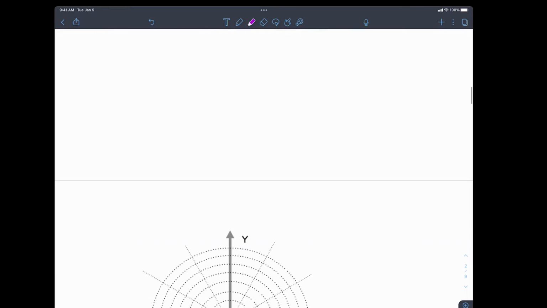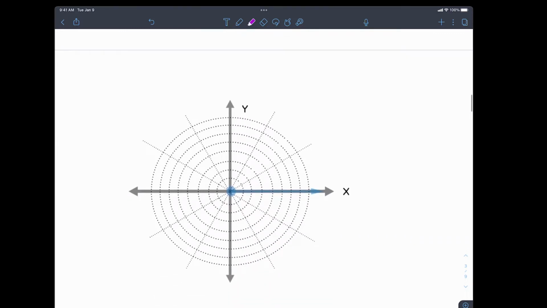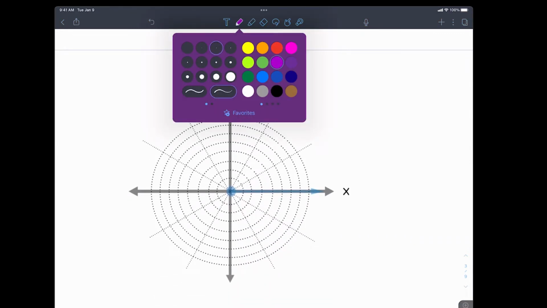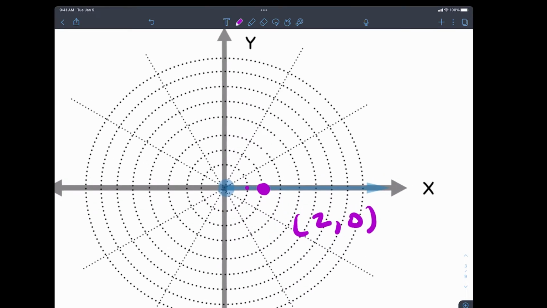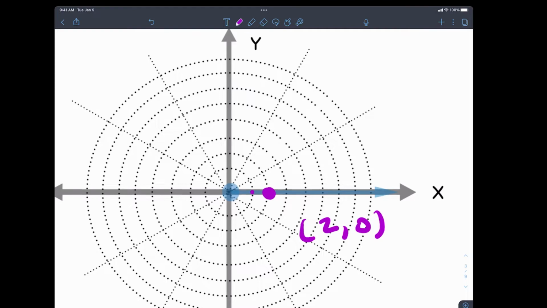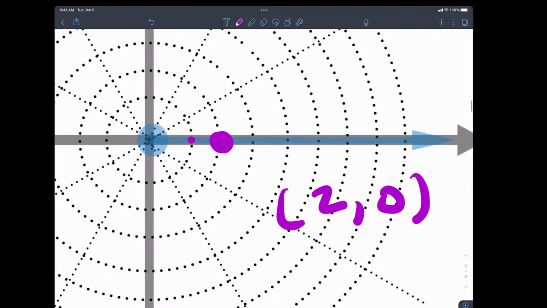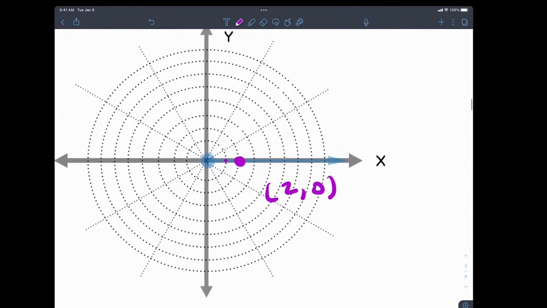Here's what I mean by that. Okay? So you start at (2, 0). Where is (2, 0) at? In polar, this is (2, 0). You guys okay with that? That's where you start. And then I have to rotate that pole, how? 90 degrees.